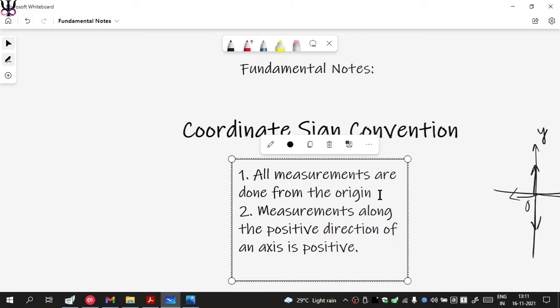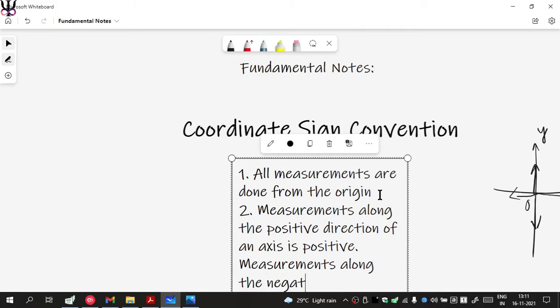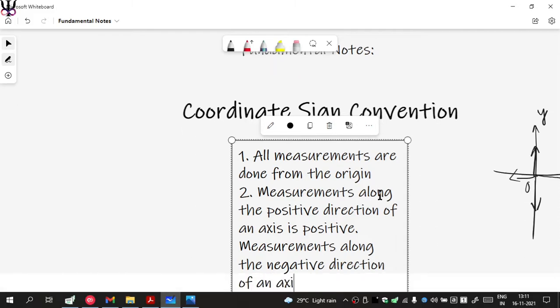Of course, when you say that measurements along the positive direction of an axis are positive, it also means that measurements along the negative direction of an axis, whether it's the x-axis or the y-axis, are negative. That measurement is going to have a negative value.